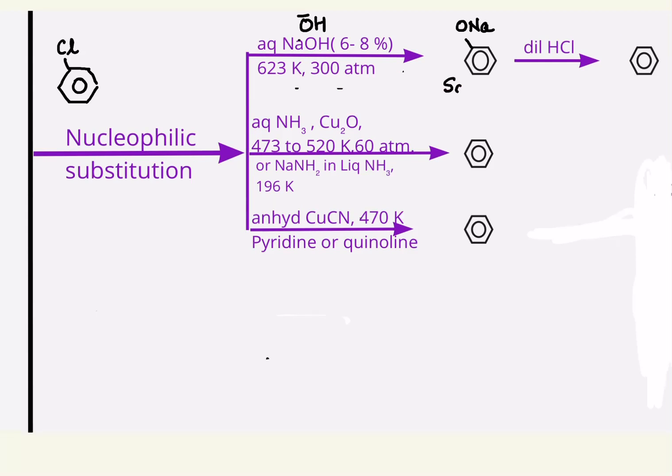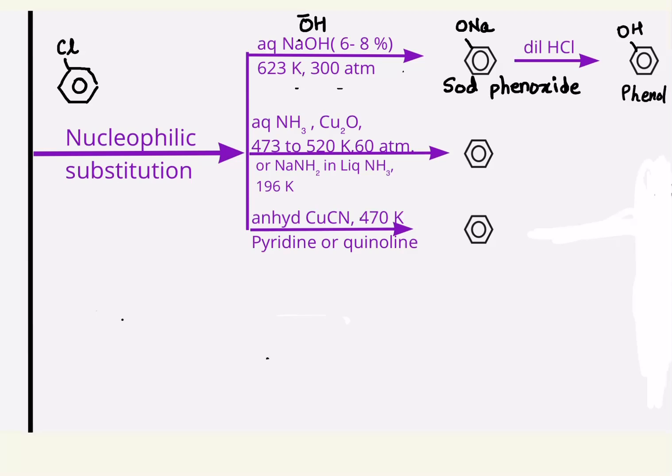For you, you can go on writing the reactions. I am writing the products in the flow chart that we have drawn, and there we go. We have OH over here, giving us what we call phenol.